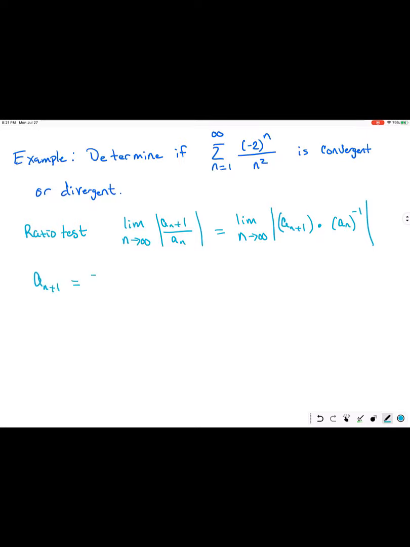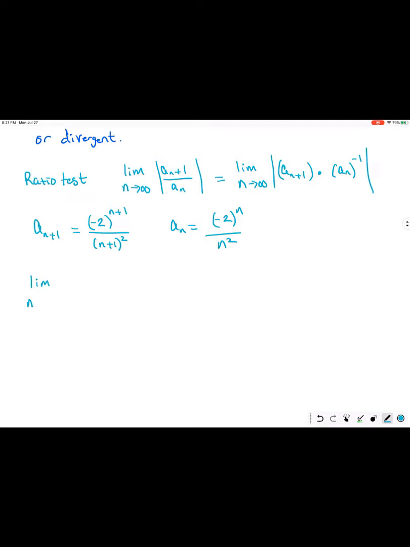So a sub n plus 1 is minus 2 raised to the n plus 1 divided by n plus 1 quantity squared. And then a sub n is equal to minus 2 raised to the n over n squared.